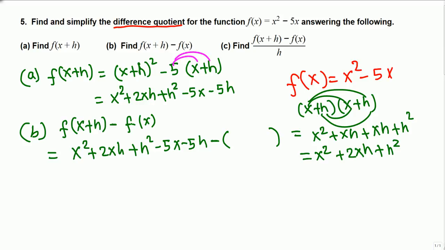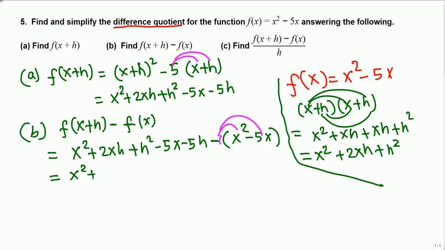We have f of x, the function that's given in the question, which is x squared minus 5x. This negative means negative 1, so we distribute it and get x squared plus 2xh plus h squared minus 5x minus 5h minus x squared plus 5x.